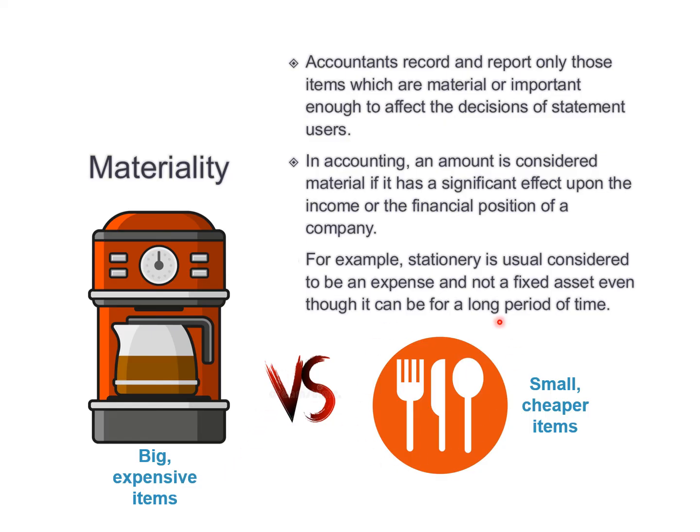Versus cutleries. Cutleries ni macam alat dining, eating tu. Ada fork, spoon and pisau ni. Dia adalah small, cheaper item. So kalau dia small dan cheaper item, dia adalah immaterial, tidak material. So bila dia tidak material, kita akan masuk kepada expenses.